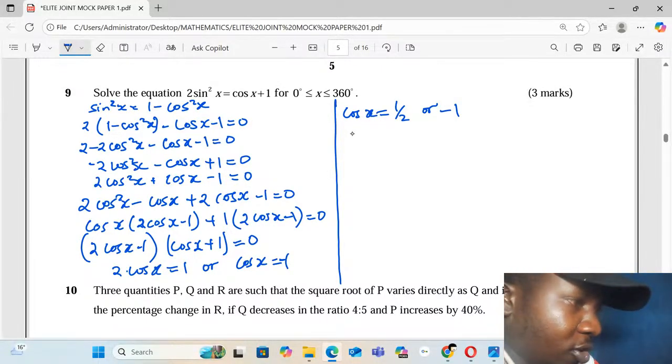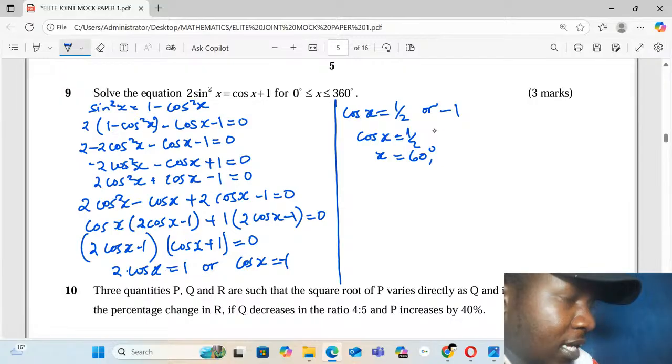Now when cos x is equal to a half, what are going to be our values of x? x is going to be 60 degrees, and also we are going to have 300 degrees.